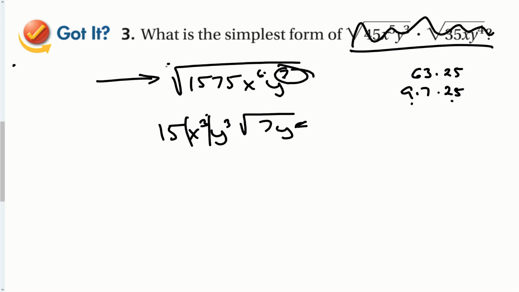But now we have an even, odd. Even root of an even exponent that gives you an odd number exponent in your answer. So if you remember from 6.1, I said I was going to add to that even, odd rule. So it's an even root of an even exponent that gives you an odd numbered exponent in your answer, as long as you never use the power rule or the quotient rule, which we'll talk about in a little bit.